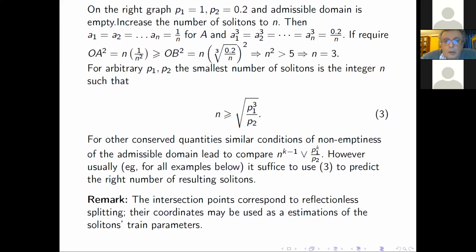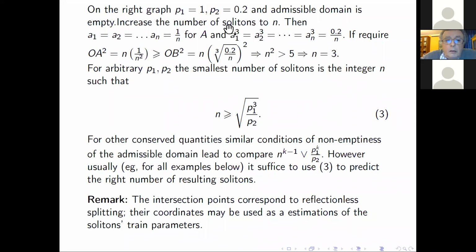The main idea, very simply, indeed, is to make the number of solitons more, to increase the number of solitons.